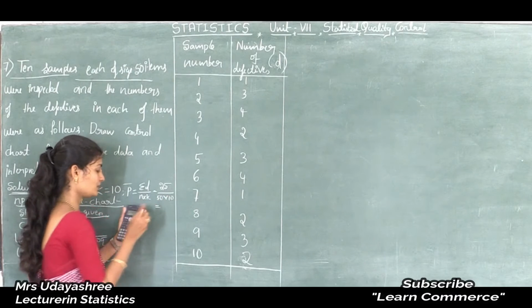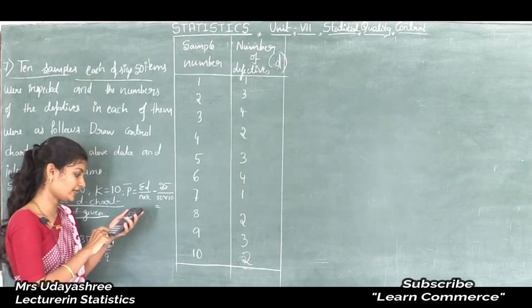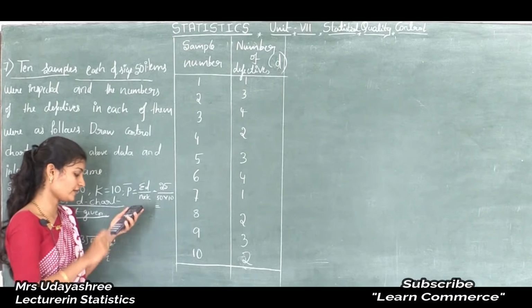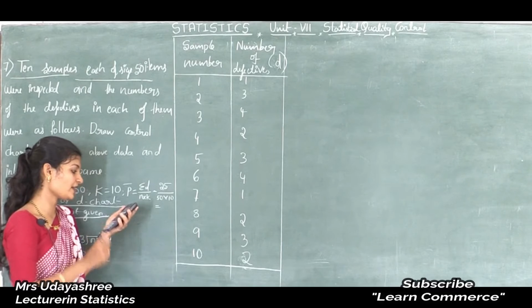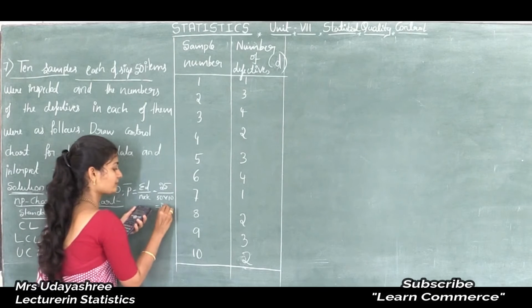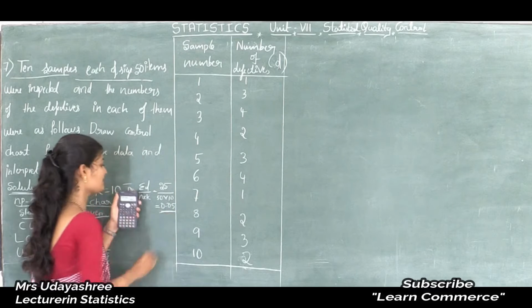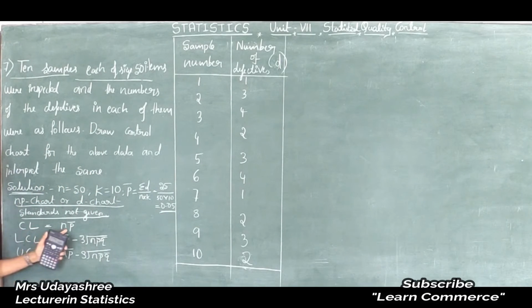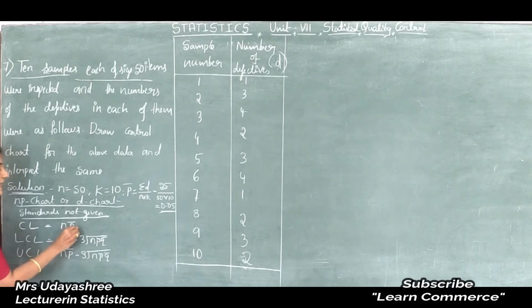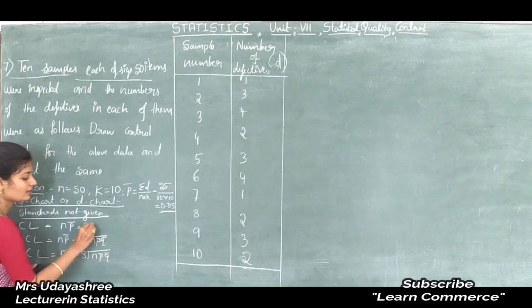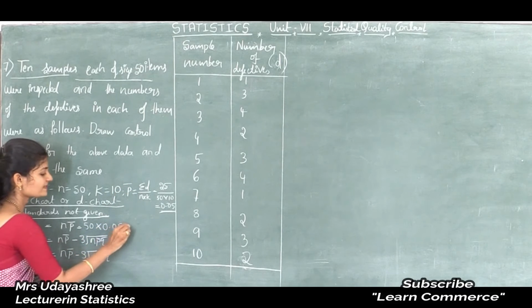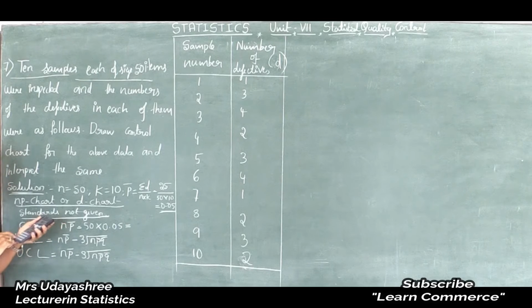So 50 into 10 is 500, and 25 divided by 500 is 0.05. So we got the P bar value, that is 0.05. To calculate the central line, the formula is n into P bar. n is 50 into P bar 0.05, so 50 into 0.05 is 2.5.